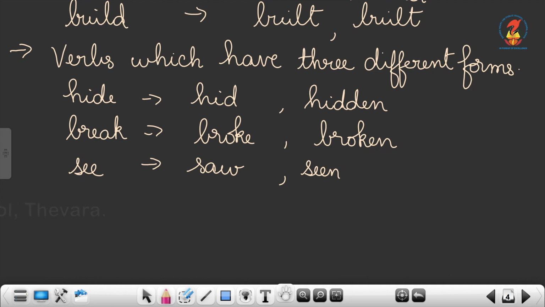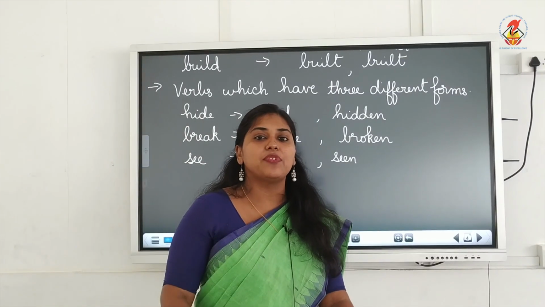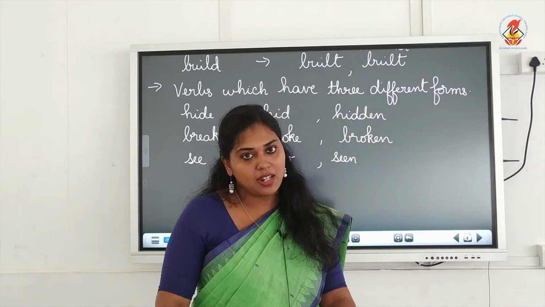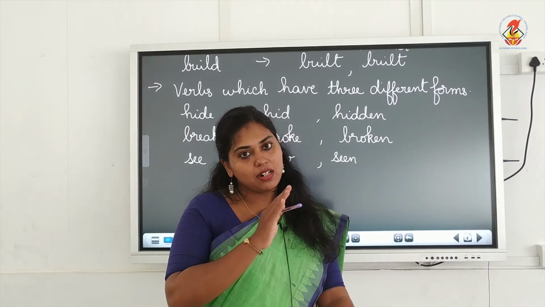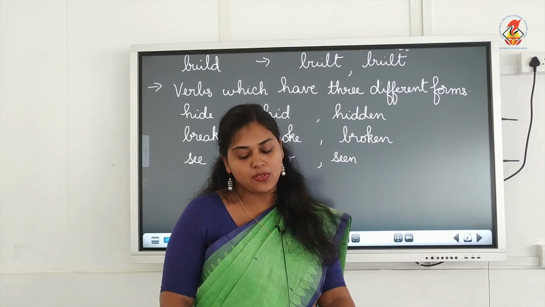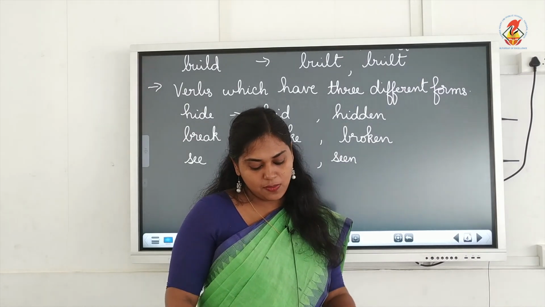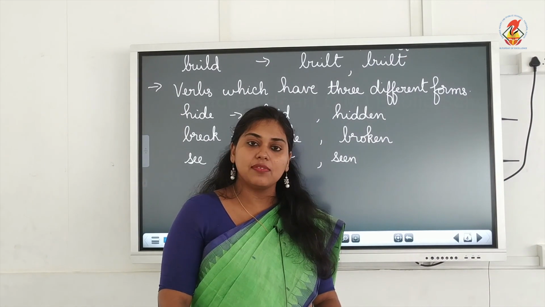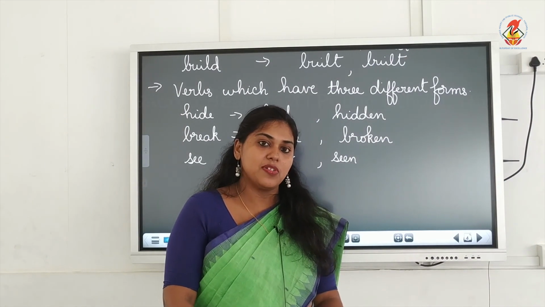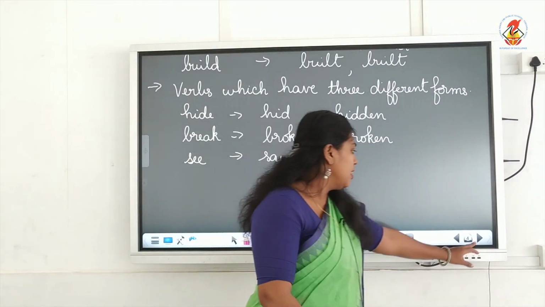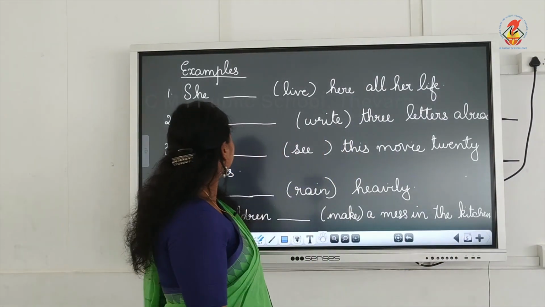See, saw is the past form and seen is the past participle. So these words are entirely different. The three forms are written in three different ways. So please learn those categories as well. As I said, please learn thoroughly these three forms of verbs. Only then you can apply them in the correct way.